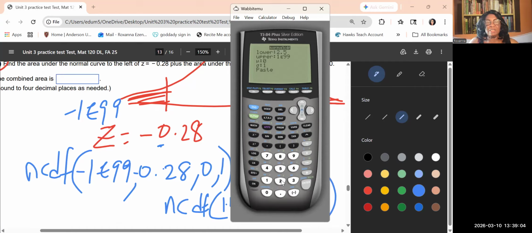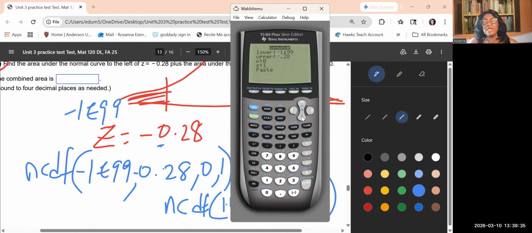The argument in the first part says negative 1e to the power 99. How do I get e again? Go to second, above the comma. The upper bound is negative 0.28. The next one is the mean of a standard normal, which is 0.